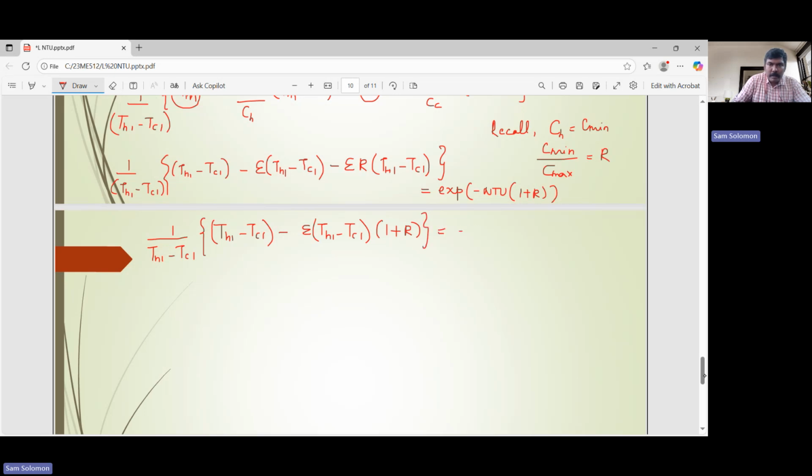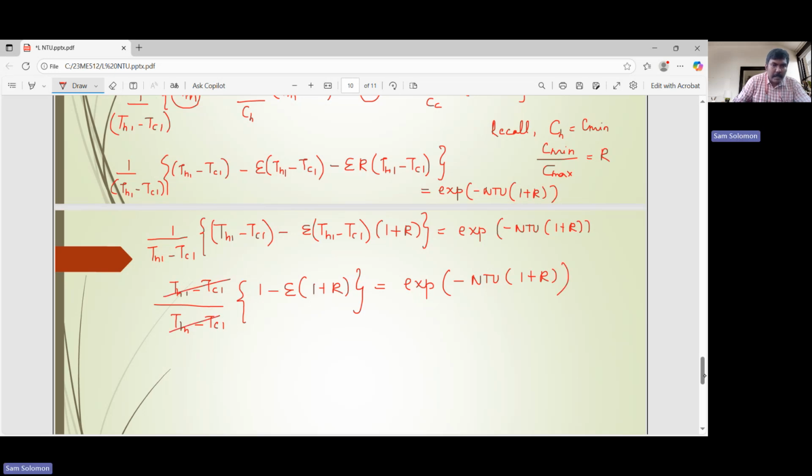And we have exponential of minus NTU times 1 plus R. Now this TH1 minus TC1 can be taken outside, and we already have a TH1 minus TC1 in the denominator. So this is 1 minus epsilon times 1 plus R, which is equal to exponential of minus NTU times 1 plus R.